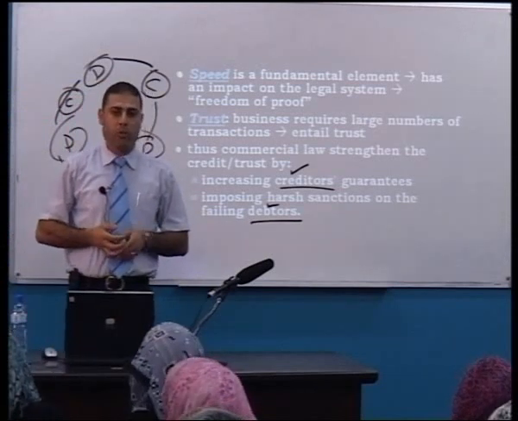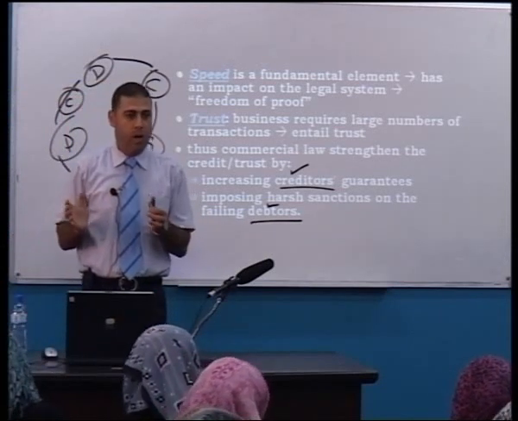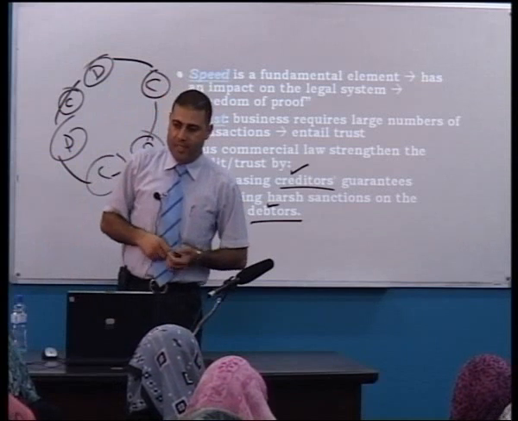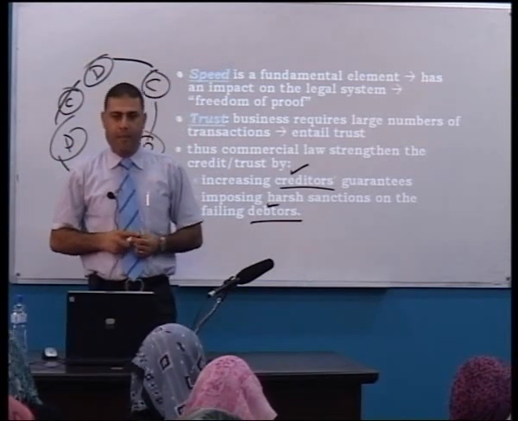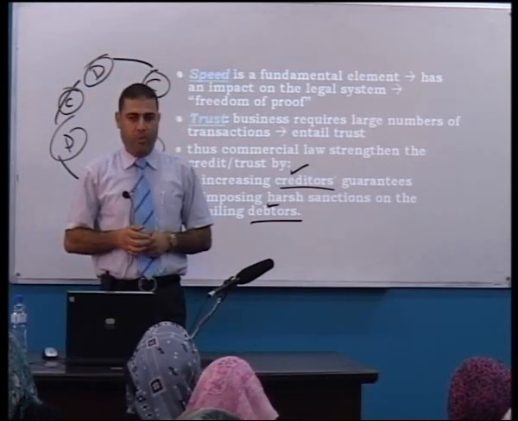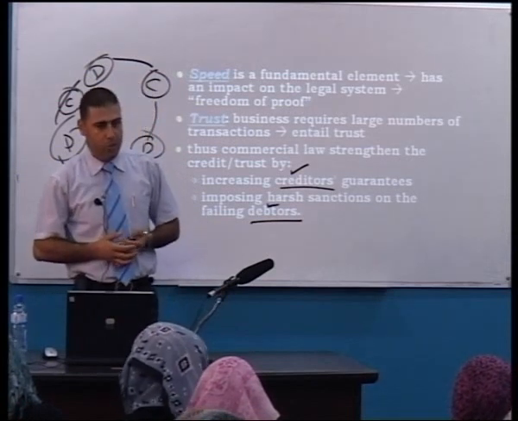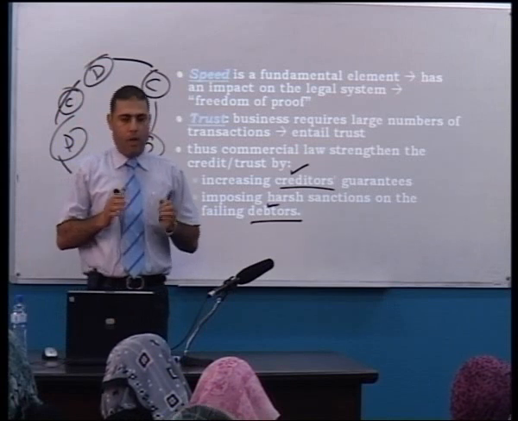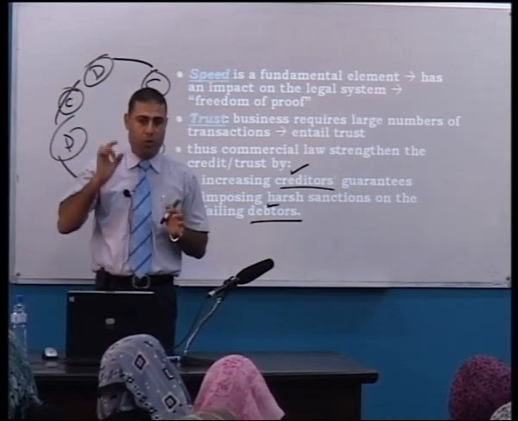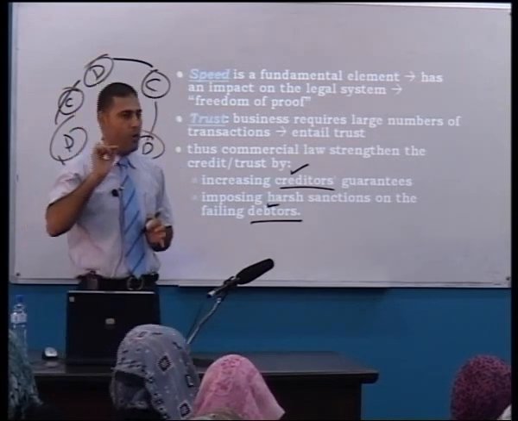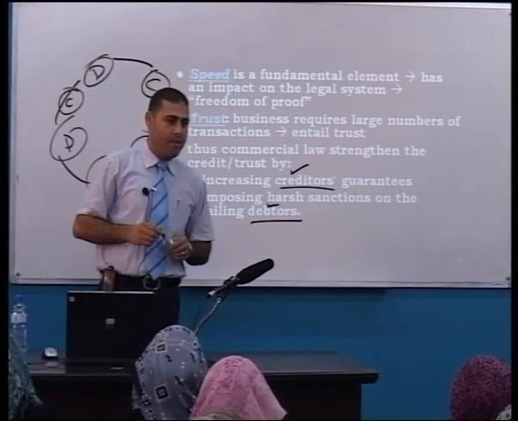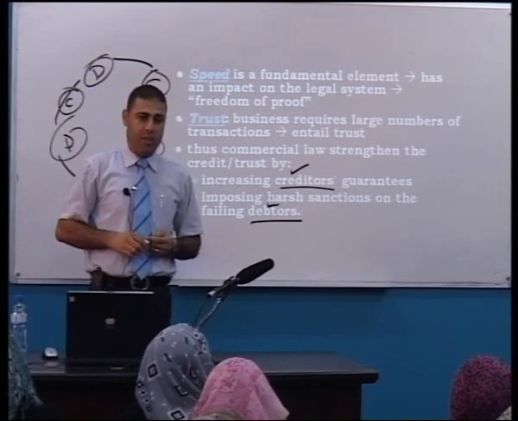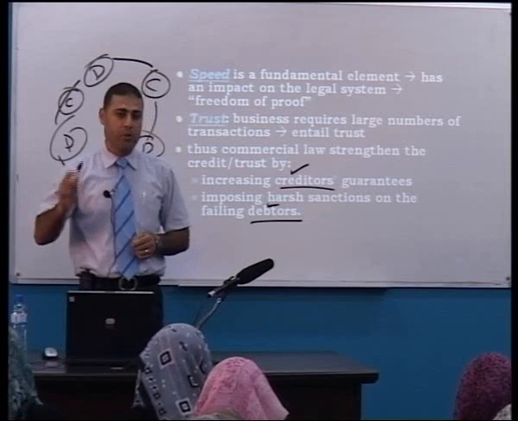If you don't pay the money on time, then the whole circle of business would be delayed, and then we will not have a smooth and easy process of commercialization in the market. So the law can guarantee that if you cannot pay your debt, then you have to be punished, and then you might be excluded from the market.